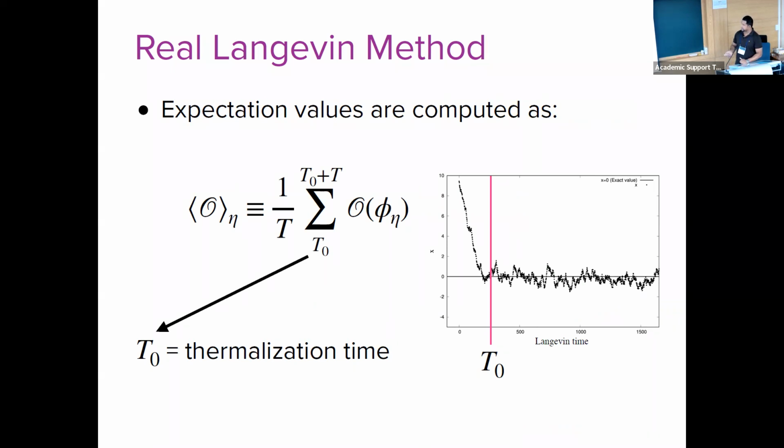In our computation of observables, we need to cut off this part of the evolution, where the field is finding the equilibrium. This particular time is called the thermalization time, it's the terminology. So remove that part from the evolution and take the numerical average of the rest, and what we get is the expectation value of the observable. Of course, it comes with an error bar, because we are cutting it off at some t. So it comes with plus or minus something. There will be a numerical error attached to it.